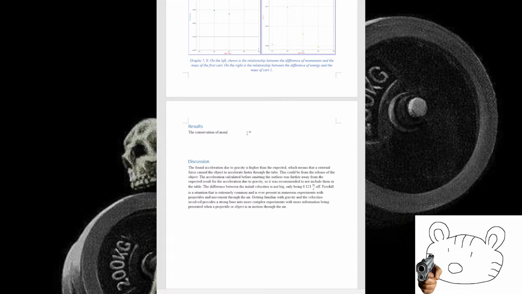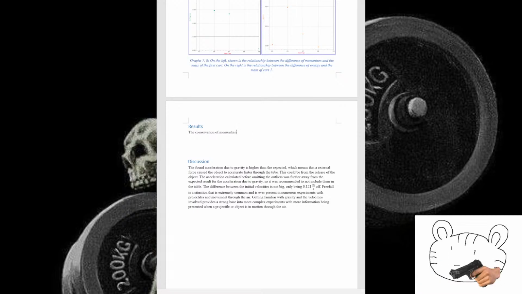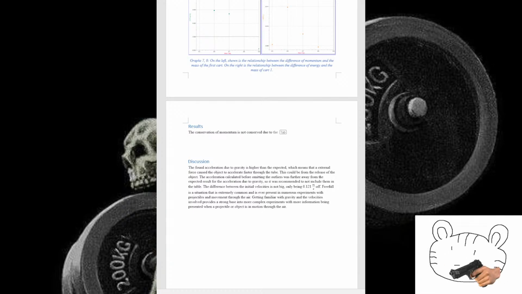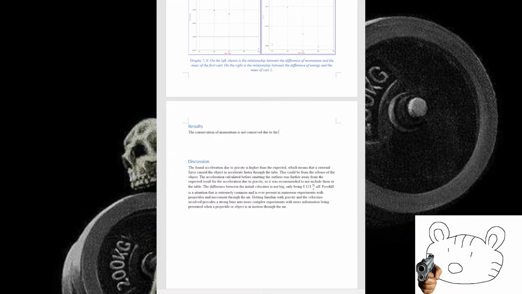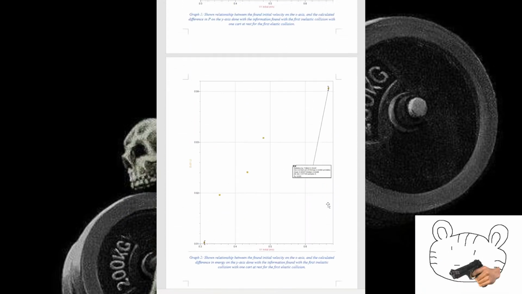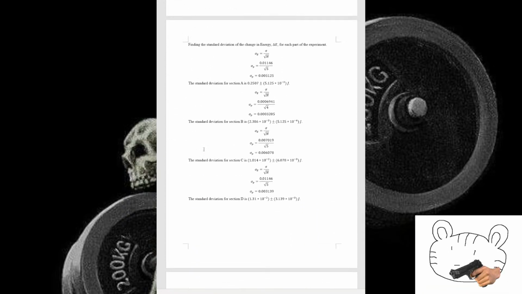So conservation of momentum is not conserved due to the... oh god, I gotta use delta P. I'm just gonna copy and paste it from before. I don't feel like using an equation.